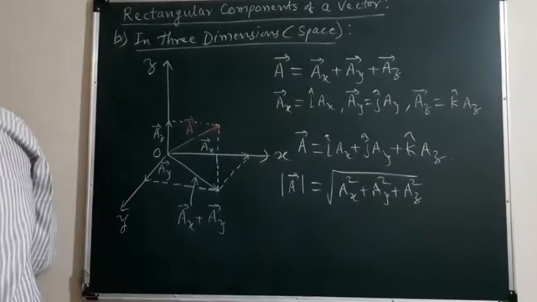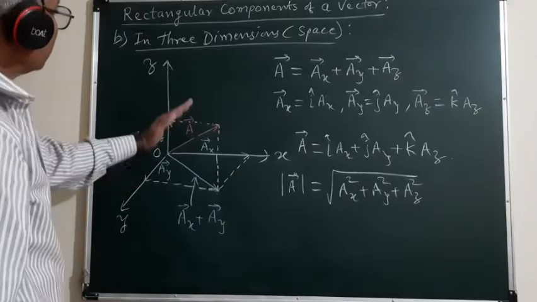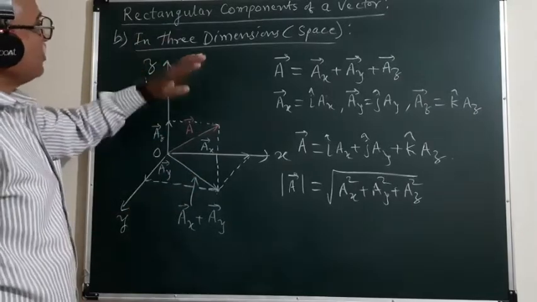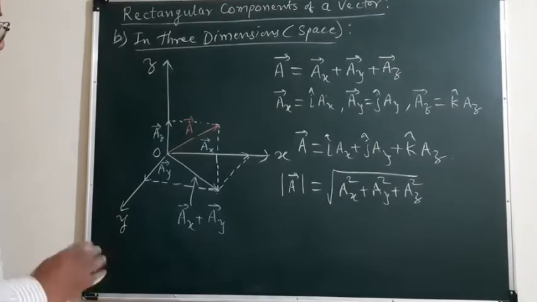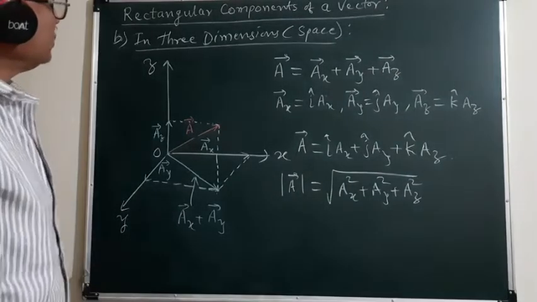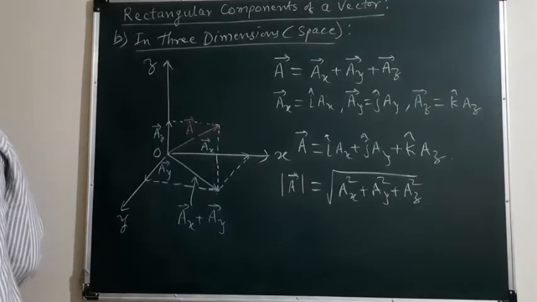So that is how we express the given vector A bar in the space or in 3 dimensions in terms of its rectangular components. So that is about the rectangular components of a given vector.